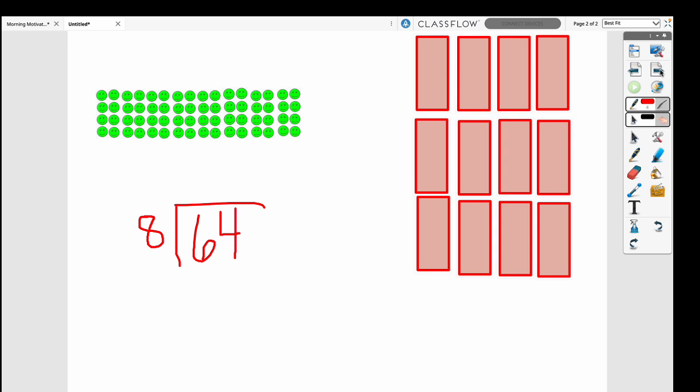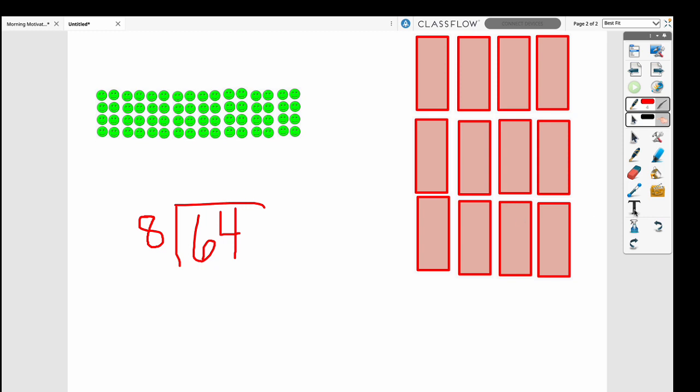So let's look at this. So I have 8 right here, and I hope you remember that that number is called the what? Divisor. The 64 in the division house is called the dividend.